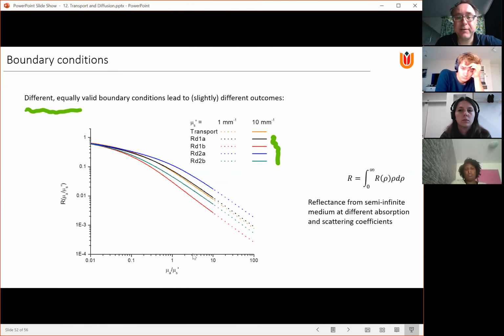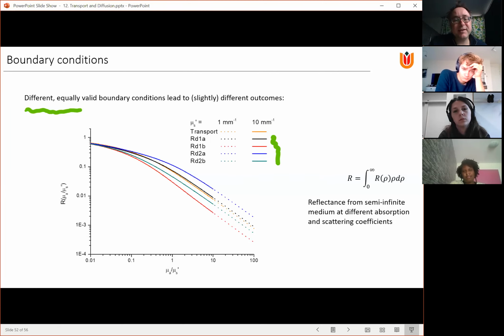And the different curves are for different boundary conditions. So the orange one is the 1D transport equation, which we did before the break, and then these somewhat elusively labeled curves are different boundary conditions.